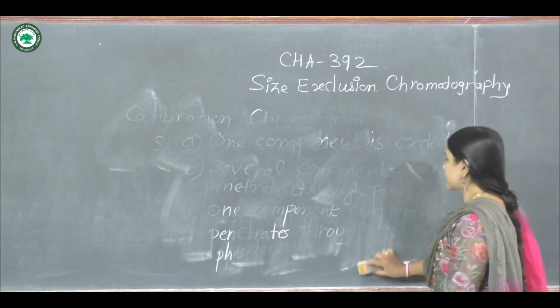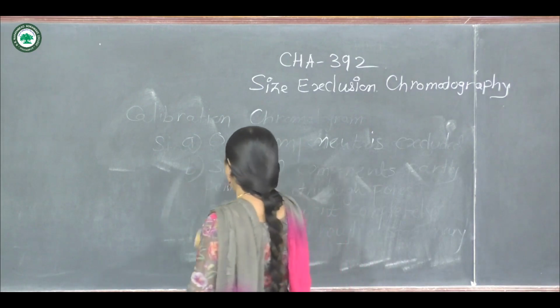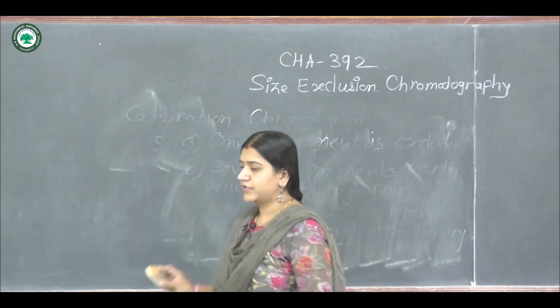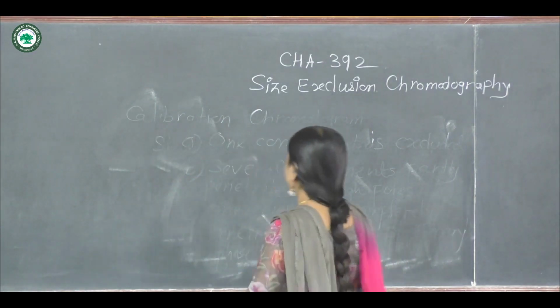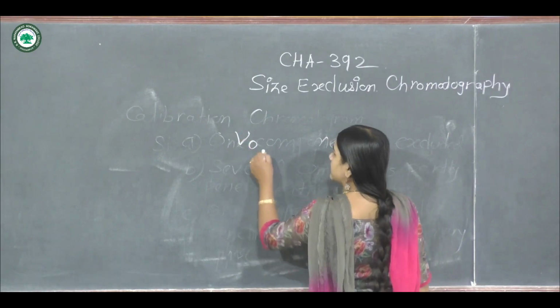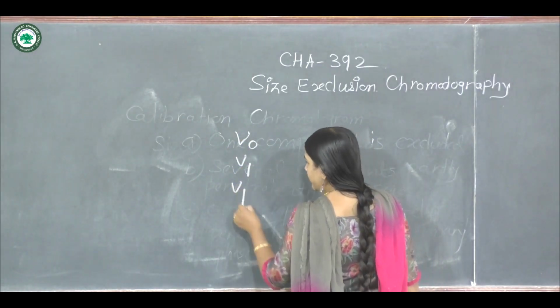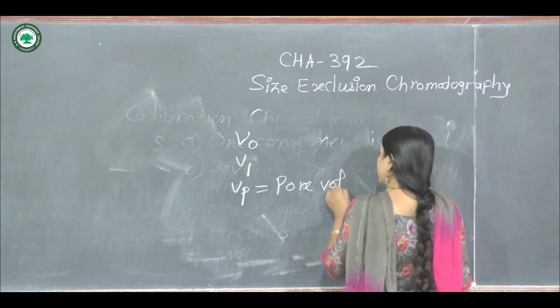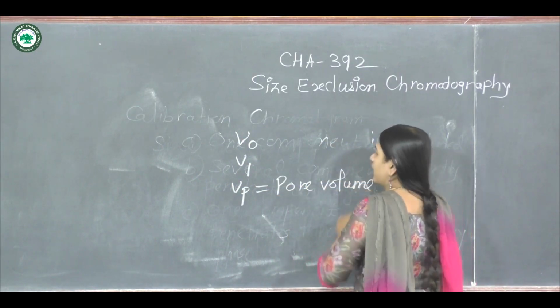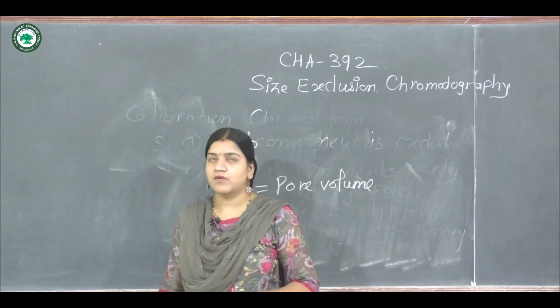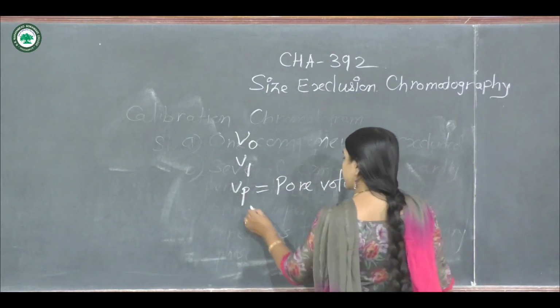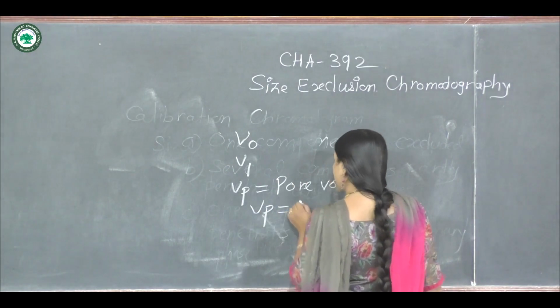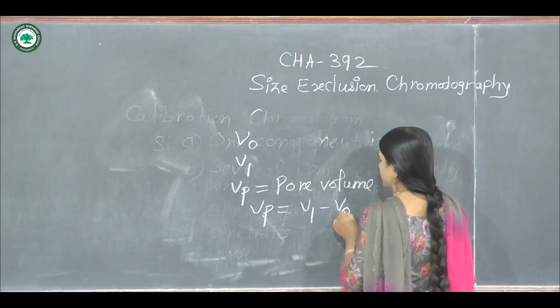So for this, initially we have to consider V0, V1 and Vp. Vp is nothing but the pore volume of a column, and this pore volume Vp is nothing but V1 minus V0.